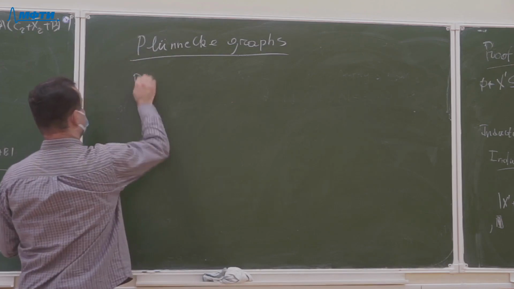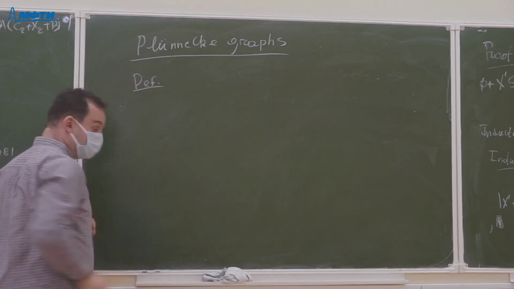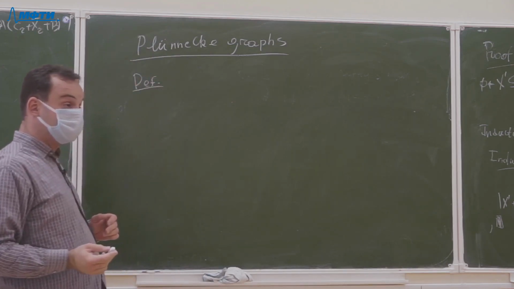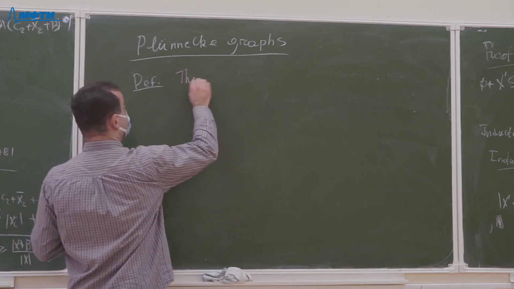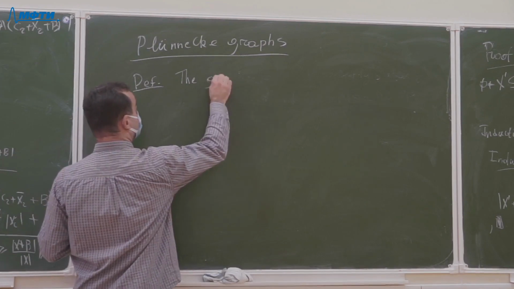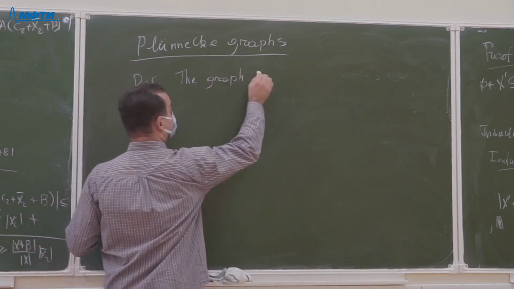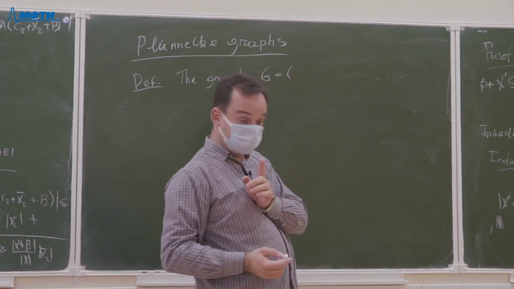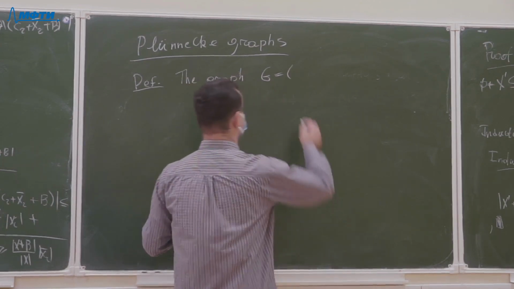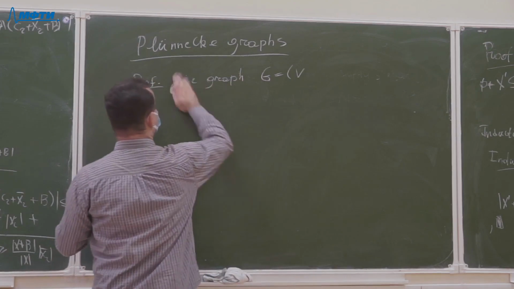First, definition. A graph G, which is an oriented graph, remember that, an oriented graph.